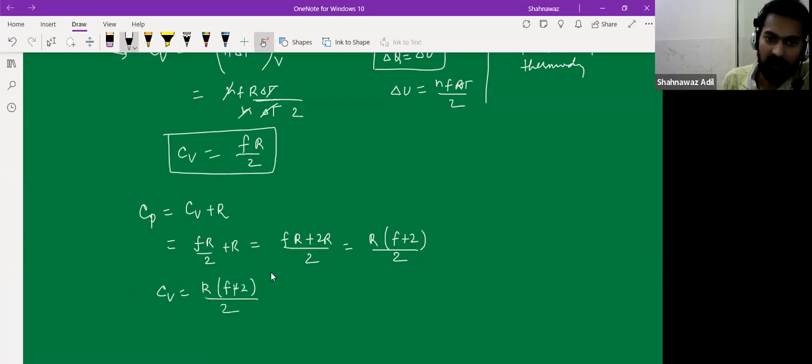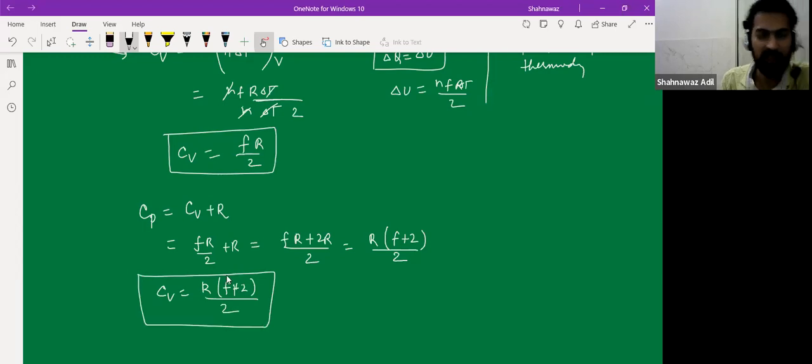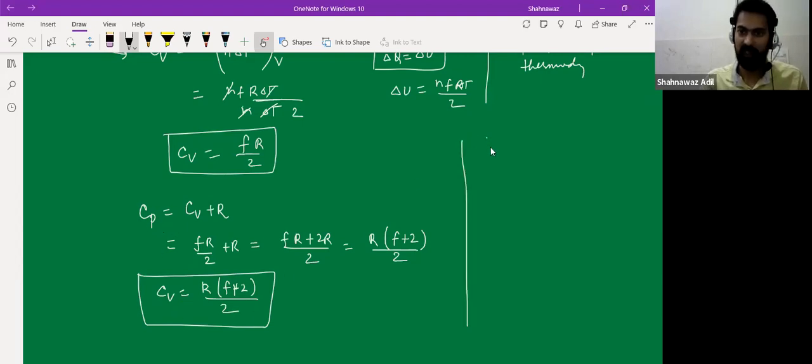Why am I talking about the specific heat at constant volume or pressure? Because this is related to this f. f is your degrees of freedom, right? And we have already learned that for monoatomic, this is 3. For diatomic, this is 5.